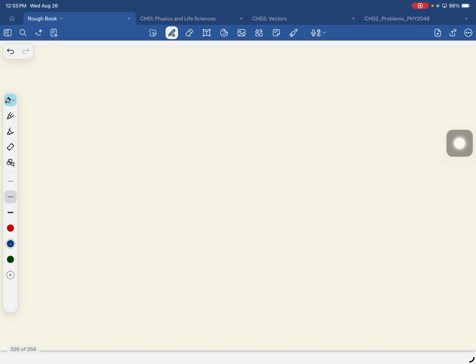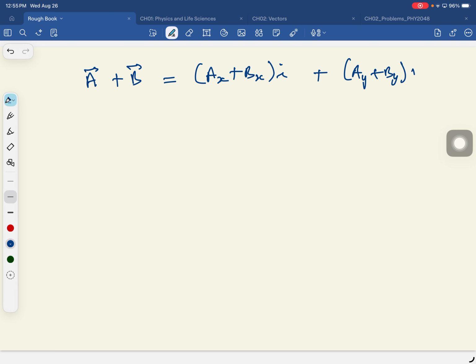So the rule for adding vectors is you just add the components. If you're dealing with three-dimensional vectors, Ax is the x component.